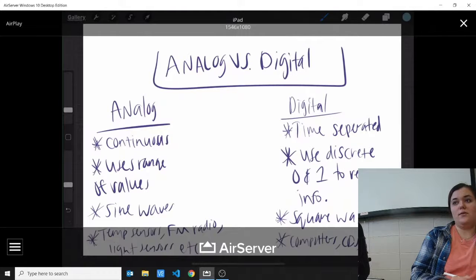So we know that just from digital and PLCs and all that. You're going to use a 0 or 1 to represent information. And analog is represented as sine waves, whereas digital is represented as square waves. And analog examples would be time sensors, FM radio, light sensors, etc. Digital examples would be computers, CDs, DVDs, etc.